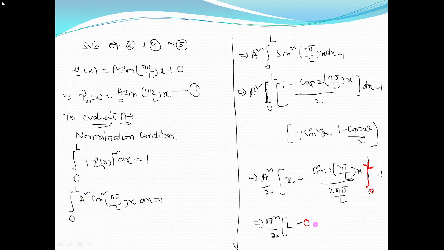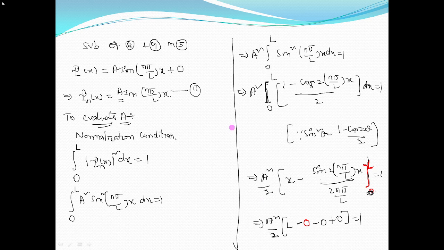So we'll be substituting the lower limit. In place of x you substitute 0, because the lower limit is 0. 0 minus, plus sine, in place of x you substitute 0, sine 0 is 0, which is equal to 1.